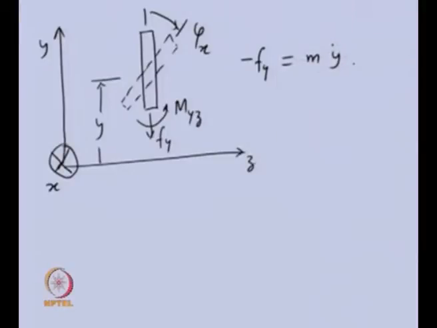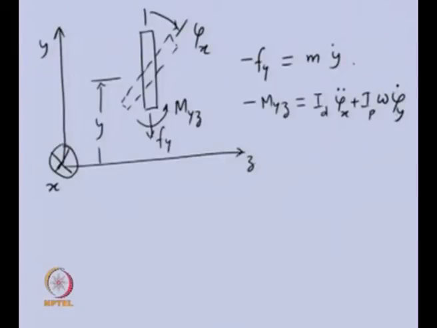Then the moment balance will be equal to the term due to the angular acceleration in this plane, phi x double dot, and the gyroscopic couple Ip omega phi dot y.